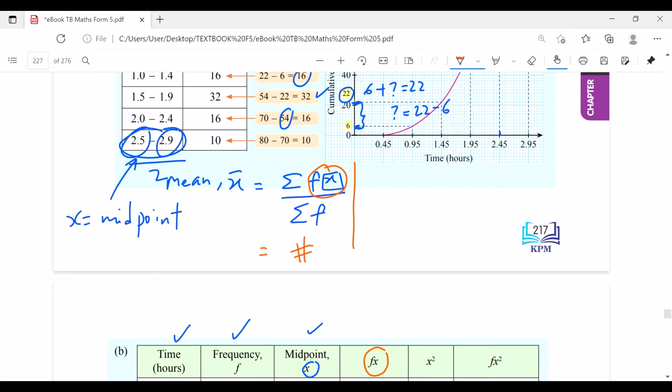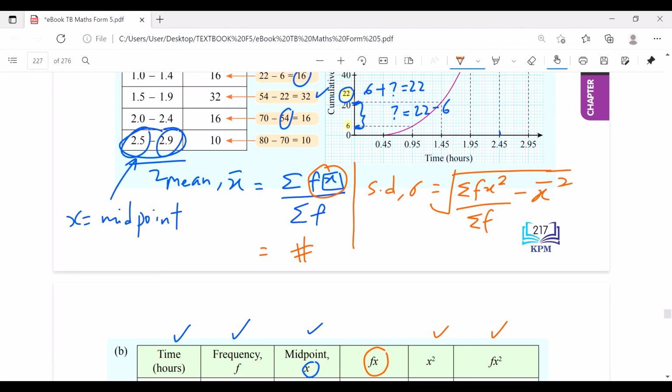Okay, next you add 2 more columns here because you want to use the formula of standard deviation, yeah. The formula is the square root of total fx square, divide by total f, minus the mean square, yeah, with the mean, and you square it.